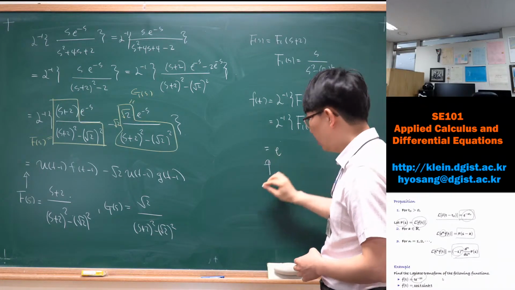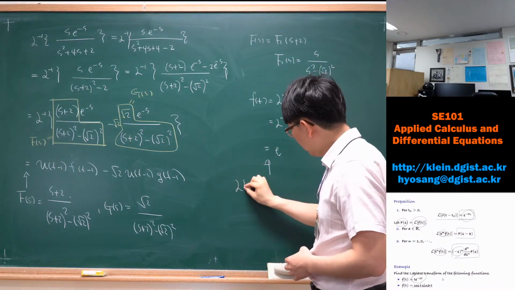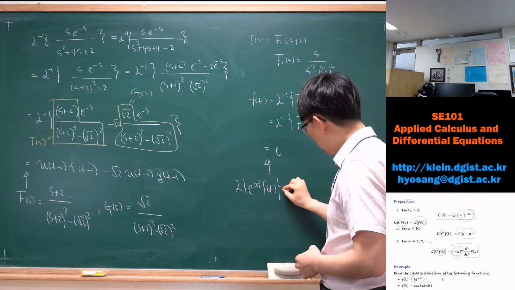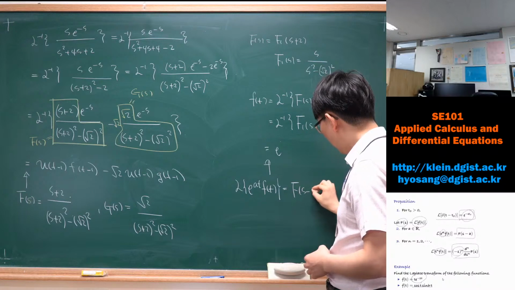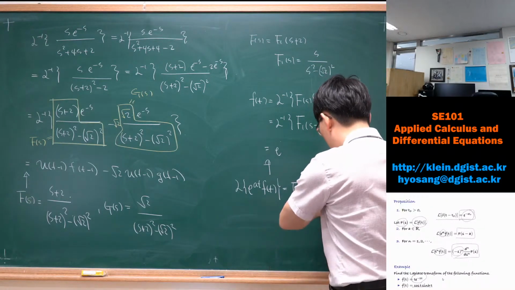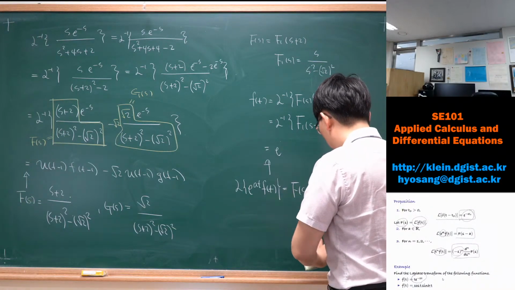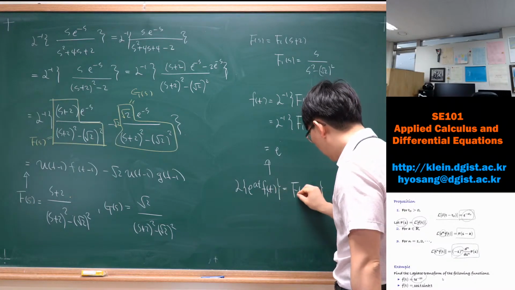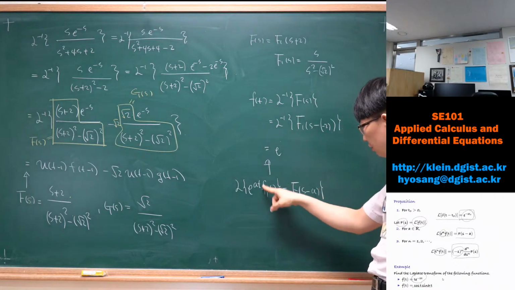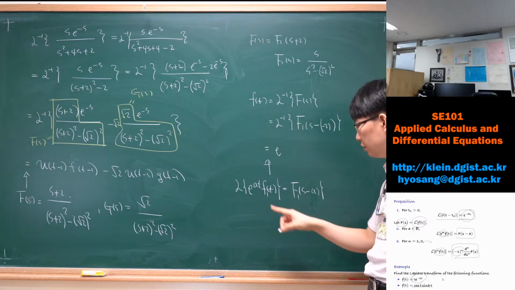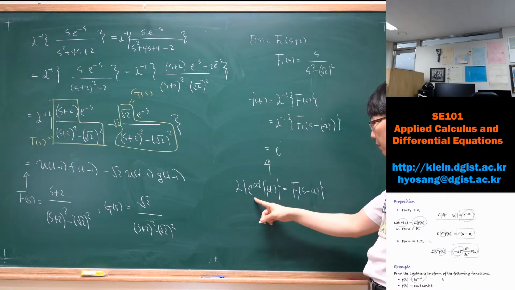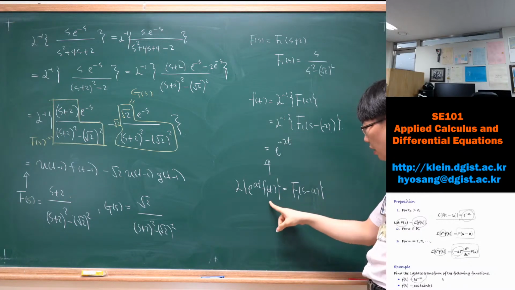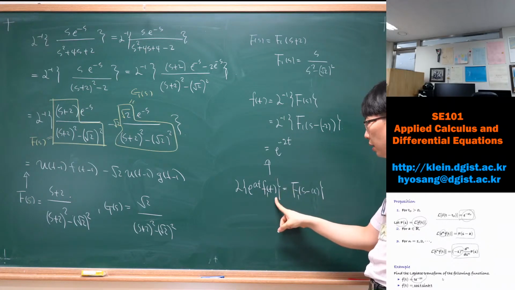I'm using this formula: e to the at f of t equals F of s minus a. But I'm using it on F1, so my inverse Laplace transform gives the f1 function. So e to the minus 2t times f1 of t.